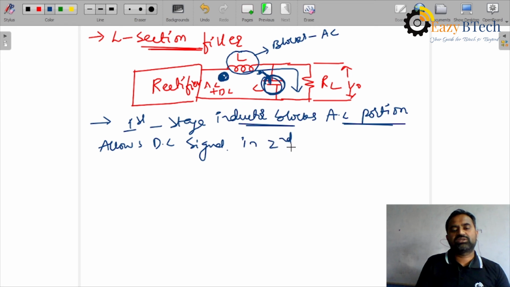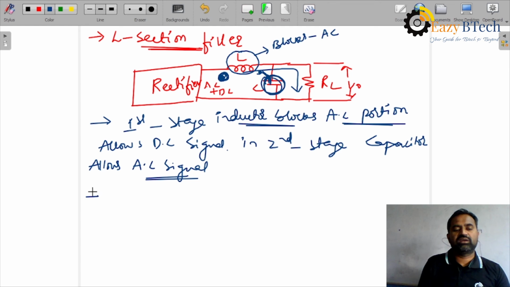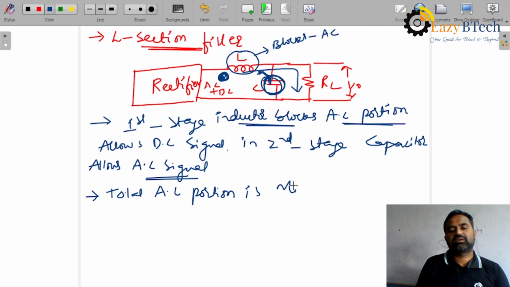In the second stage, the capacitor allows the AC signal. Now the total AC portion is minimized. Total AC portion is minimized.